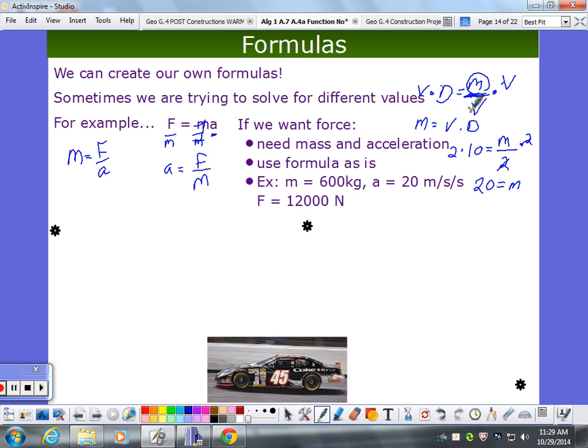What if I want V by itself? First, multiply by V like we just did, and then divide. So V equals M over D, isn't that correct? Just remember one of them, you can find the others.